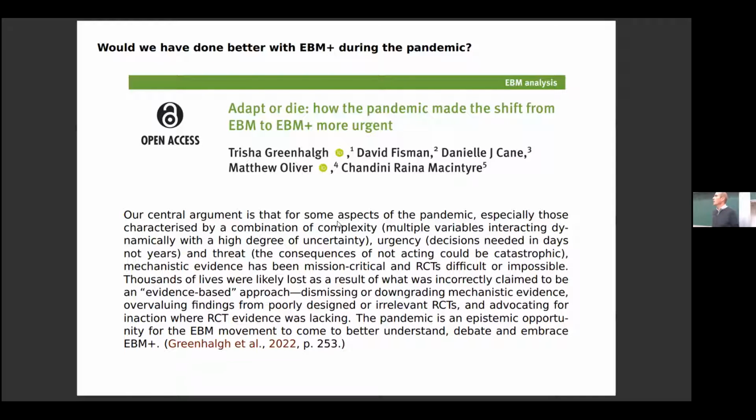But if we were to do an EBM+ style evaluation, we can see that face masks, at least face mask mandates, are actually effective. So the argument here is that EBM is responsible for thousands of deaths. Had we been using EBM+, we could be in a different position.